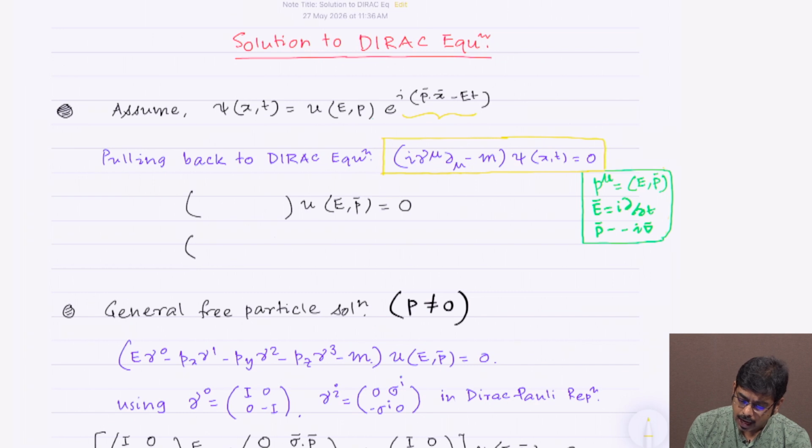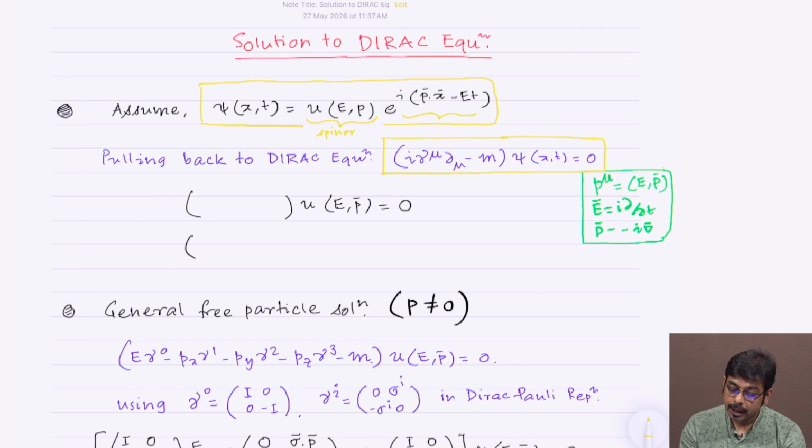The phase part is e to the power i (p dot x minus E t), as is very standard, and we also understood that the Dirac equation needs spinors, which are 4-component column matrices. That spinorial part is embedded in u(E,p). So the test solution for the Dirac equation, which we also took in yesterday's class, is of the following form: psi(x,t) equal to u(E,p) e to the power i (p dot x minus E t), and I remind you that the spinorial part is embedded in u(E,p).